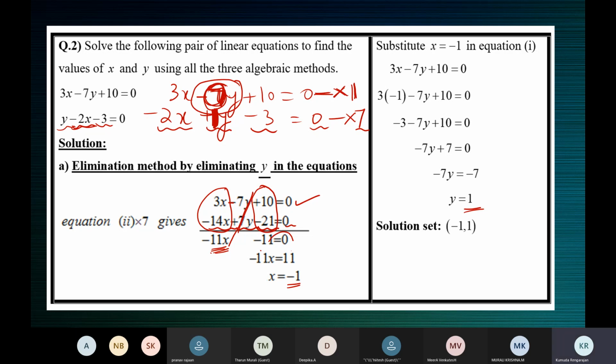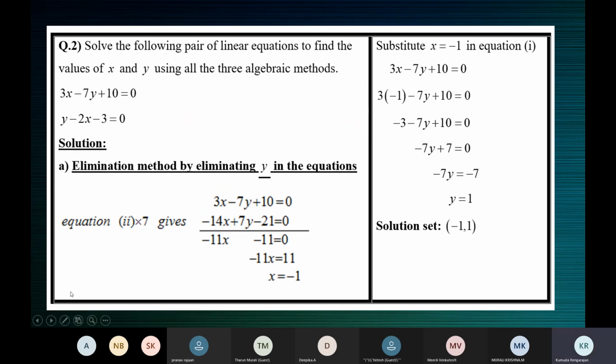This is about the elimination method. If you have eliminated x, tell me what did you do? Then it will be 3x minus 7y plus 10 is equal to 0, and minus 2x plus y minus 3 is equal to 0. If you want to eliminate x, what is the LCM of 3 and 2? 6.